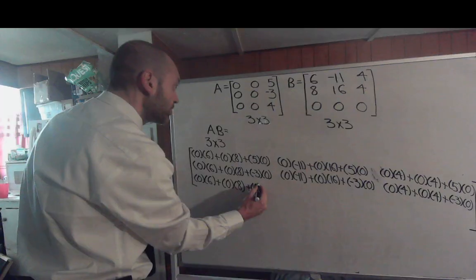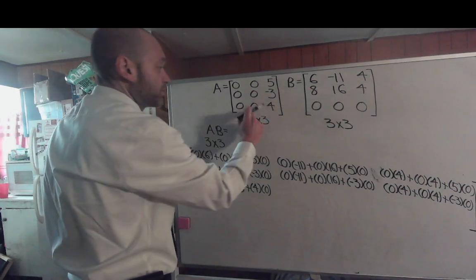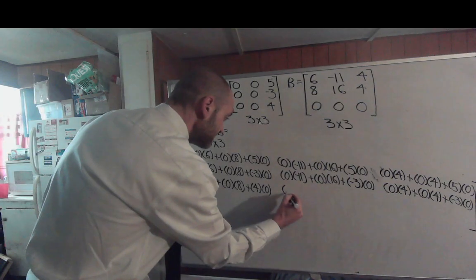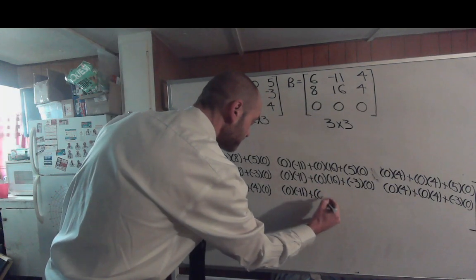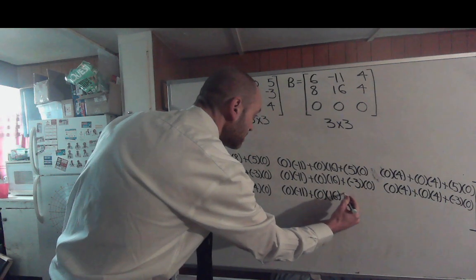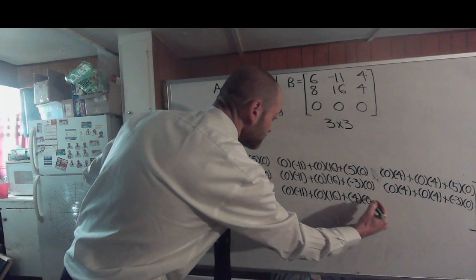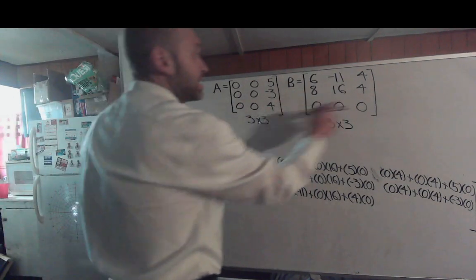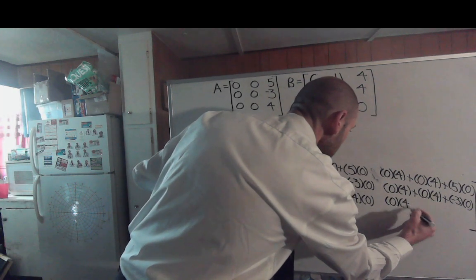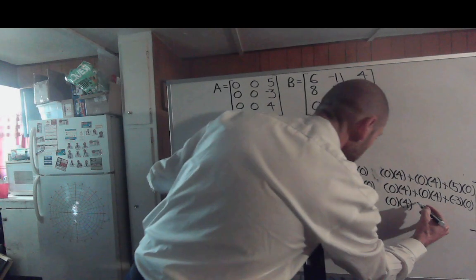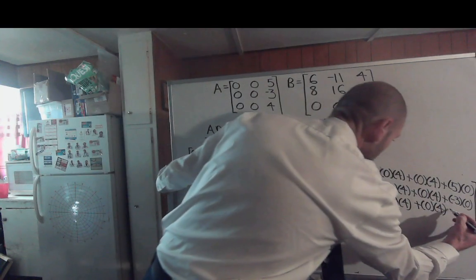For the second number of the third row, the third row times the second column, that'd be 0 times negative 11 plus 0 times 16 plus 4 times 0. And let's do the final number. The third row times the third column, so you'll have 0 times 4 plus 0 times 4 plus 4 times 0.